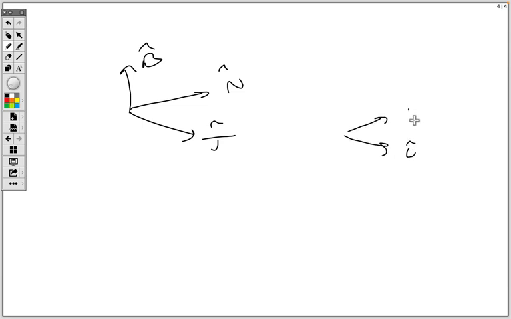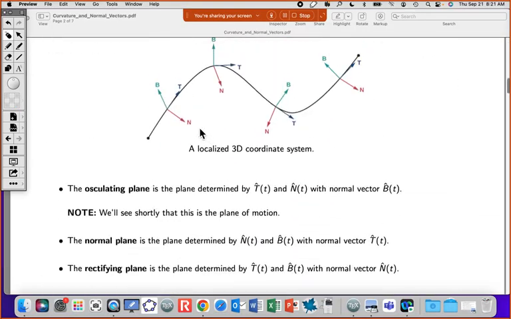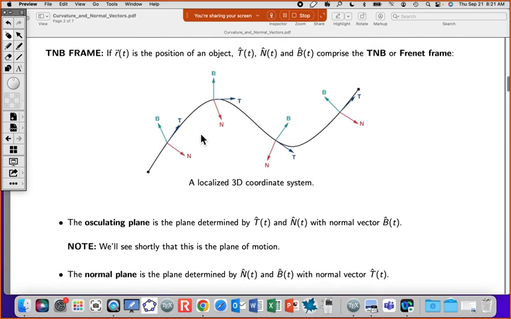And we have the TNB frame, which is like a portable i, j, k frame, but it's a 3D coordinate system that follows the particle through. All right, so there's a nice picture of the TNB frame as you're moving through things.